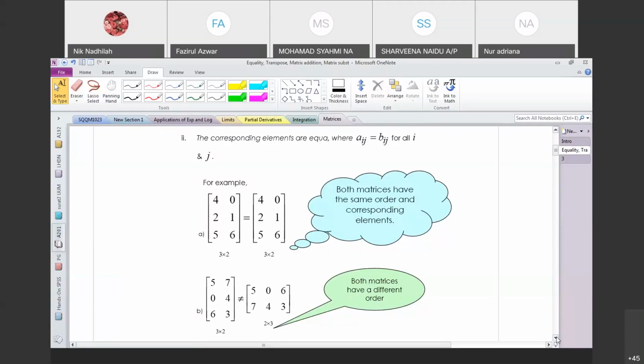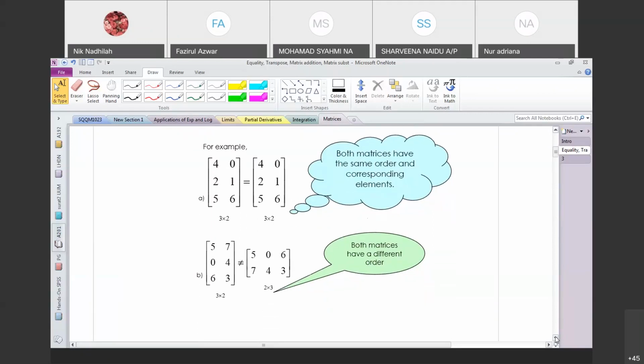Then moving on to the second example, obviously you can see that the orders are not the same. On the left side the order is 3 by 2, while on the right side it's a 2 by 3 matrix. So obviously they are not equal.